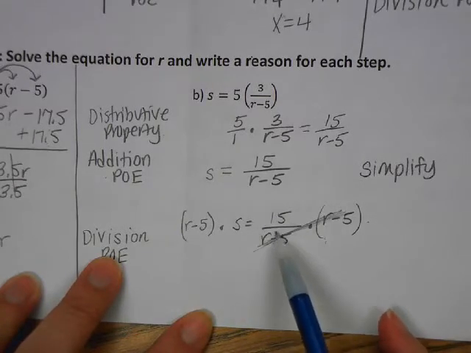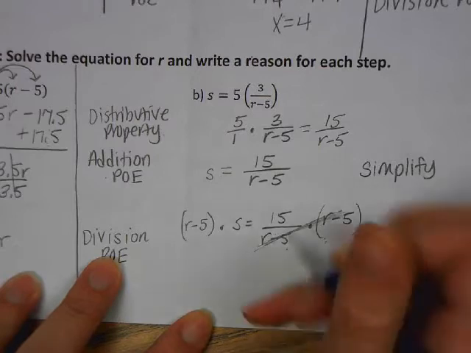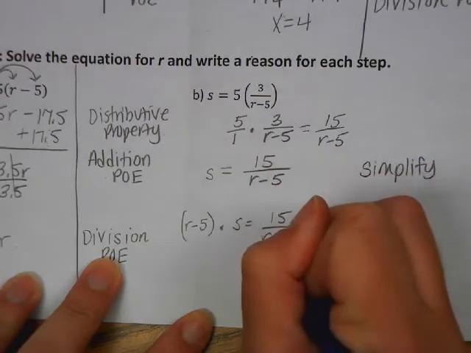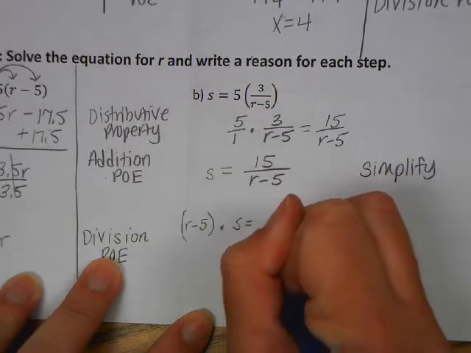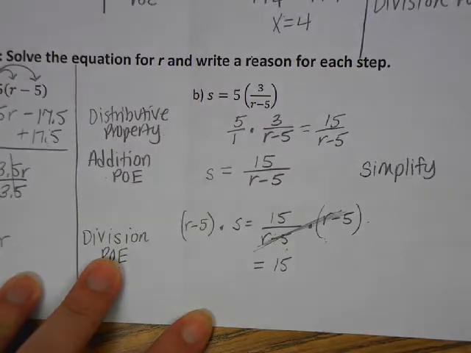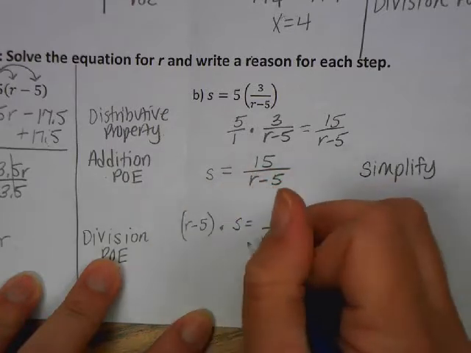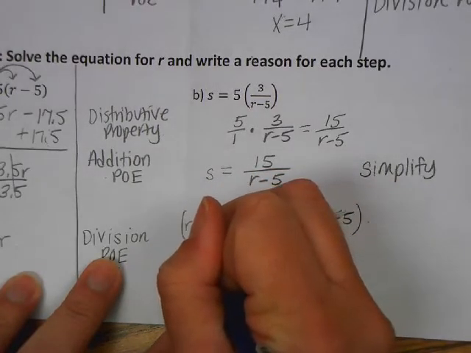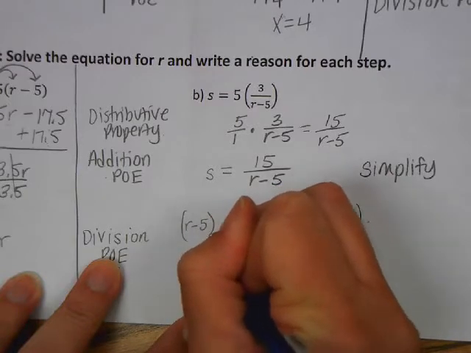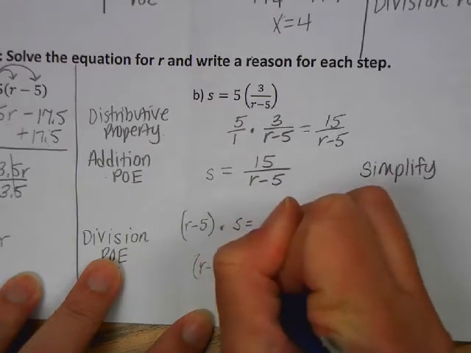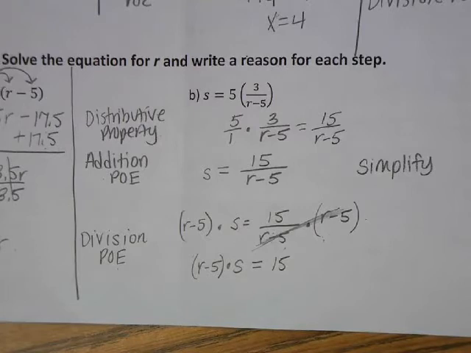So all that's left is my numerator, which is 15. So now I have 15, and then on this side, I have whatever r minus 5 times s is.